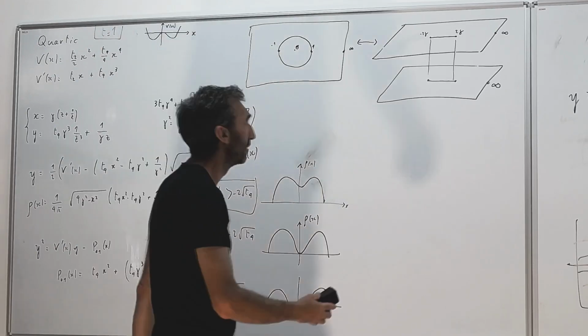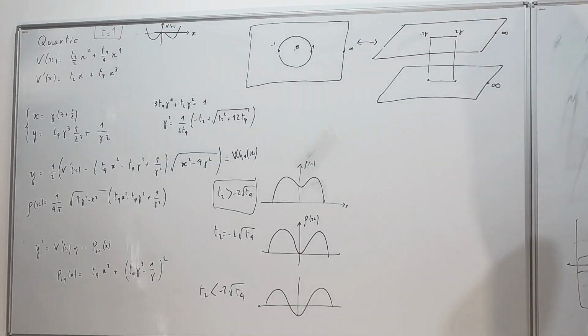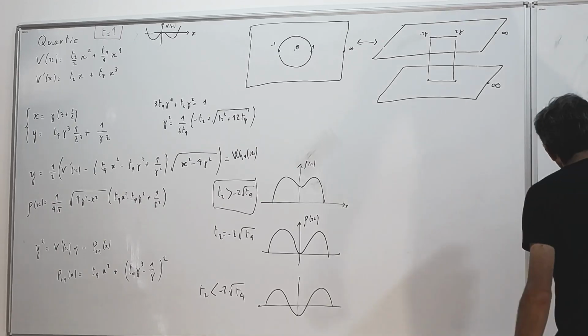Now, a few words about generalizations. I will just give you the trick of how to find, in general, the genus 0 case. And this is probably something else that I will propose as an exercise.